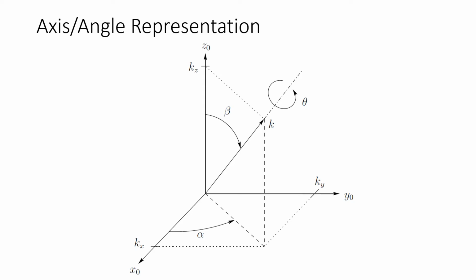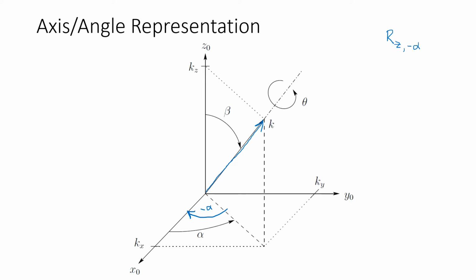For this purpose, what we're going to do is to take this vector k and rotate it by minus alpha about the fixed z-axis. So that would be the first rotation, rotation about z by minus alpha.